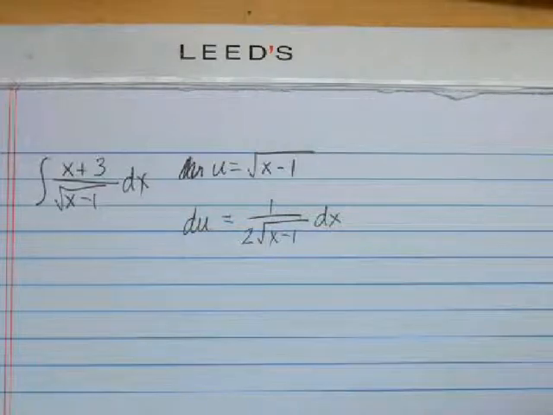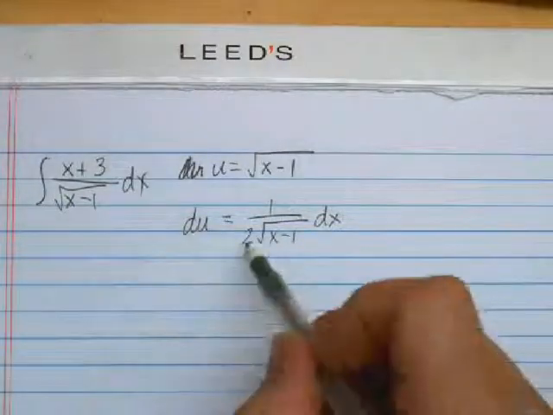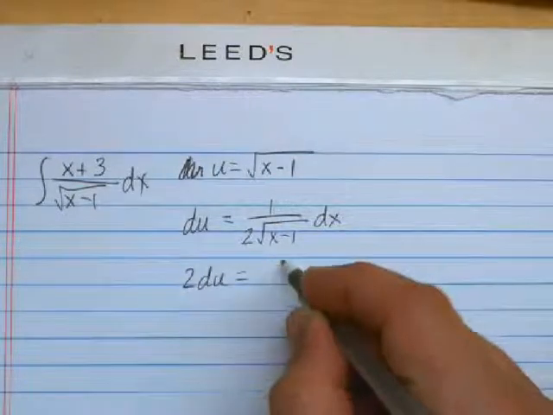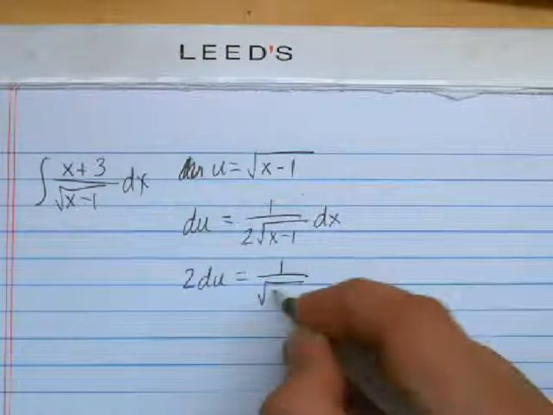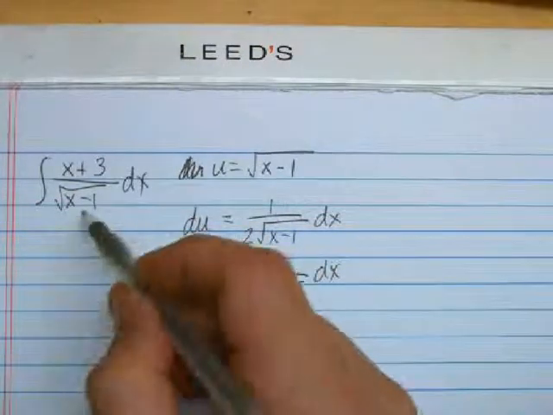So solving for this part here, which is what we have, we can multiply both sides by 2. So 2 du equals 1 over radical x minus 1 dx, which gives us this part of the integral.